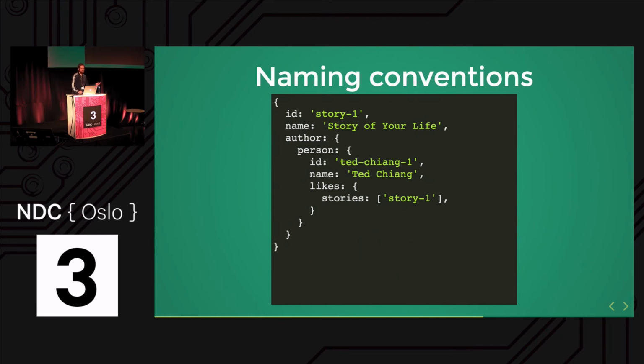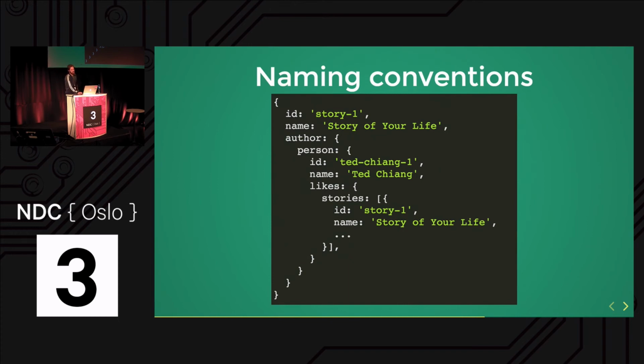And then, again, stories here links back to the stories collection, which could then be populated with itself and so on. So you could think of this as an infinitely recursive graph.